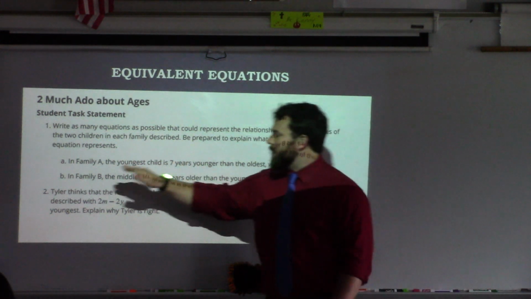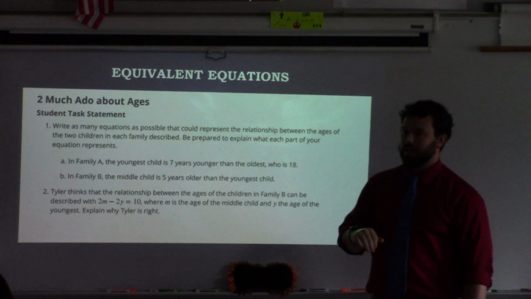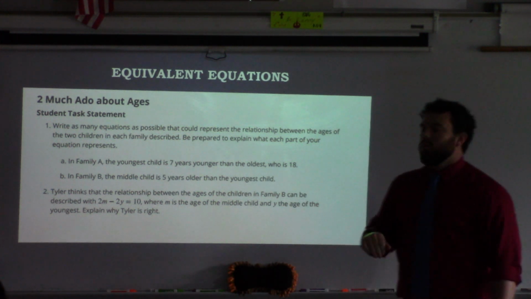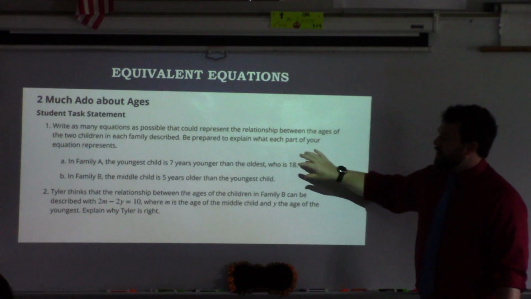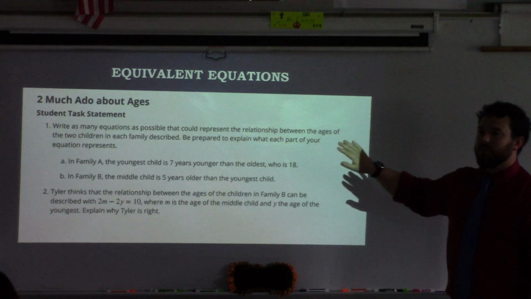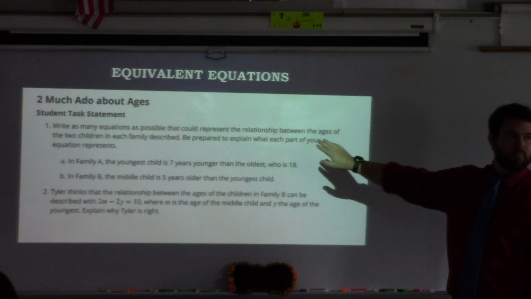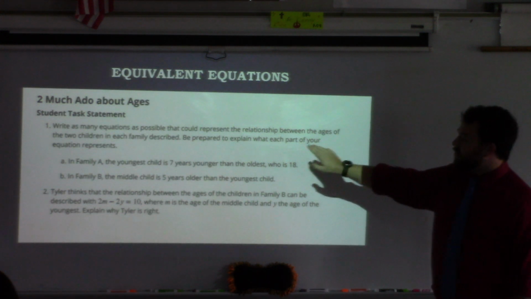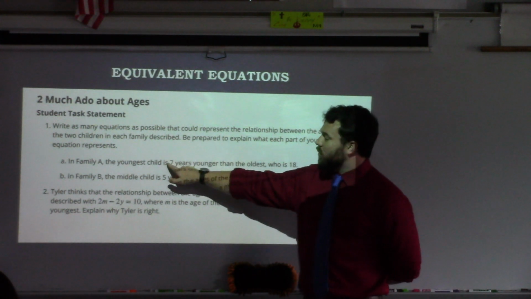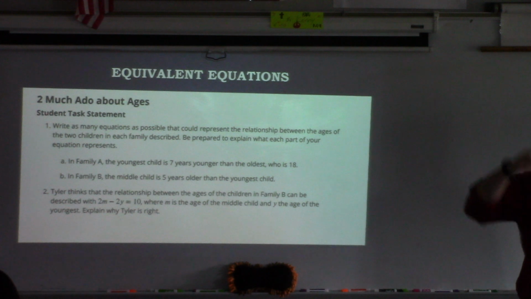You have family B, where the middle child is 5 years older than the youngest child. Okay? Remember, we are trying to write these ideas in as many equations as possible. We all clear on that? Okay? Please remember this word is right here. What should that make us think about? Equals, right? If something is the same, it's equal.